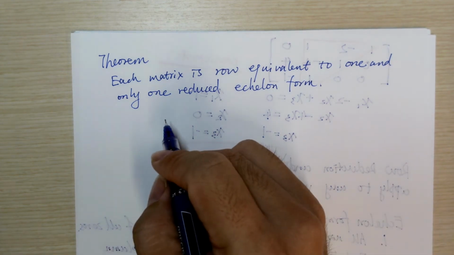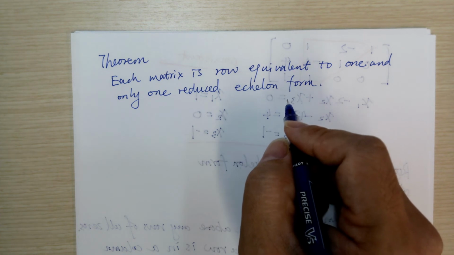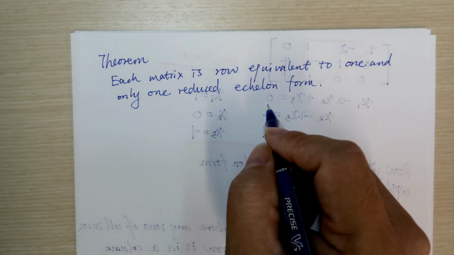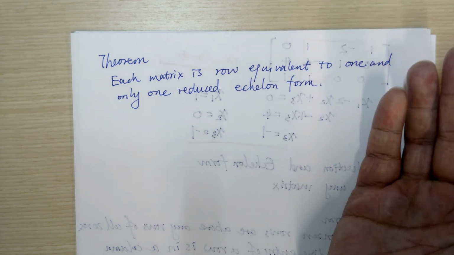That means when you do the row operations, you might get more than one echelon form, different ones, depending on the order of your operations.